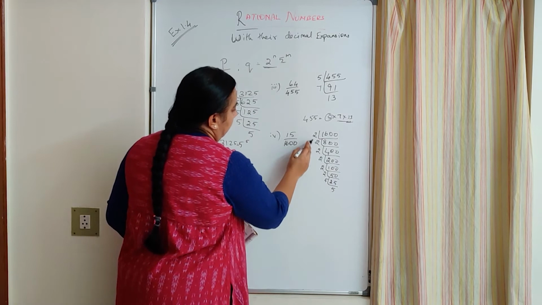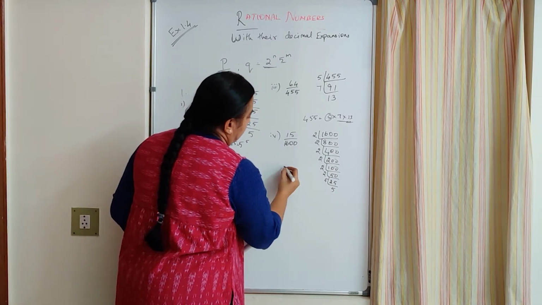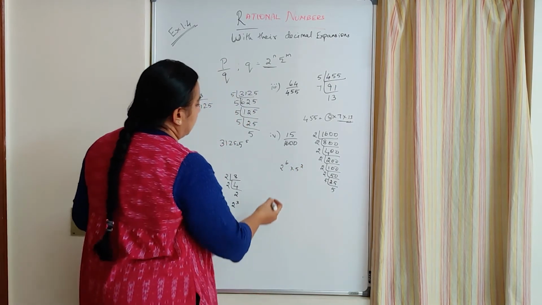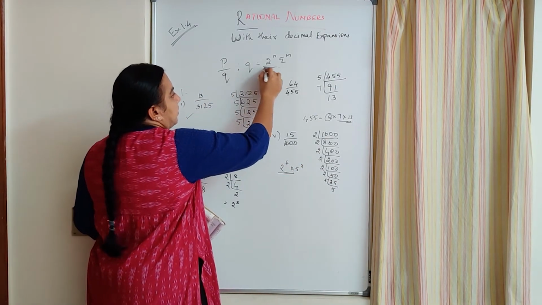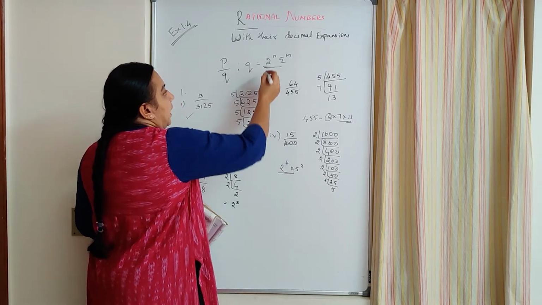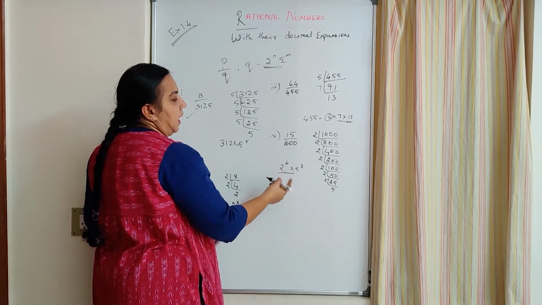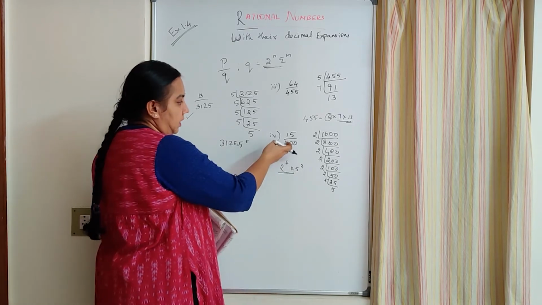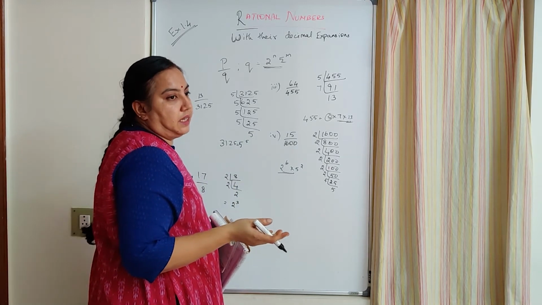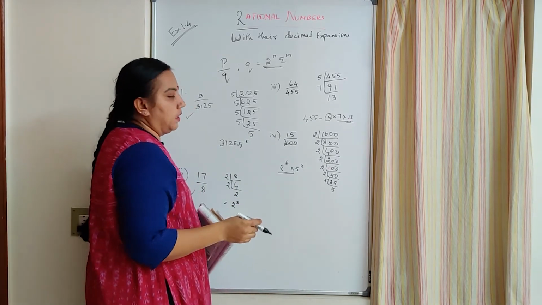So what's the answer? 1, 2, 3, 4, 5, 6. So the answer is 2 power 6 into 5 power 2, and this is a best example of an expression of the form 2 power n and 5 power m. It has got both the factors, and so this question is going to give an exact decimal fraction as an end result.